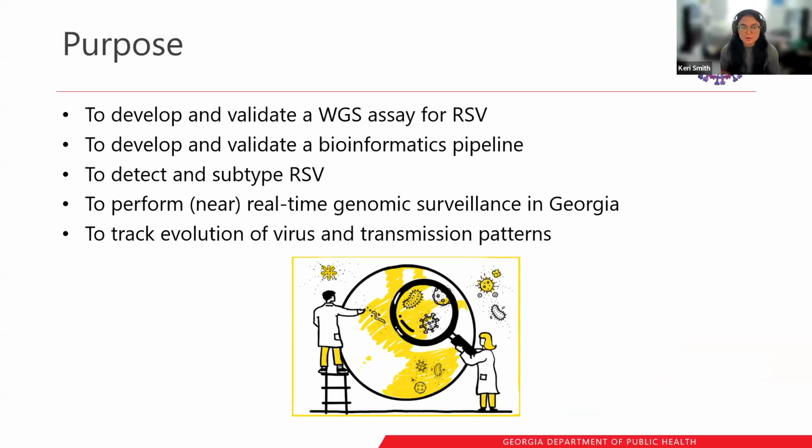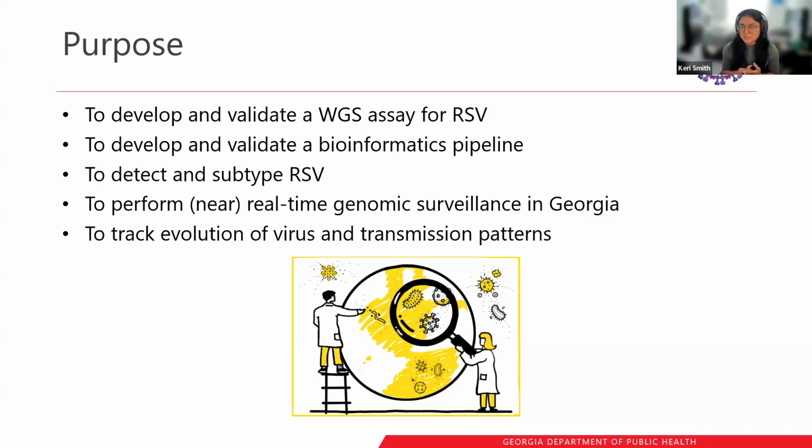And so why are we developing and validating an assay for RSV? Well, here at GPHL, it is the first time that we are sequencing RSV, and we need to implement a robust and validated whole genome sequencing assay. We also want to develop and validate a bioinformatics pipeline that would analyze the raw reads that come off of the sequencer.